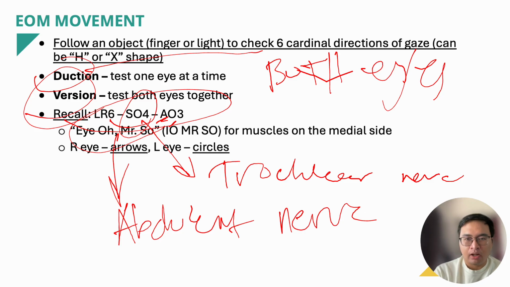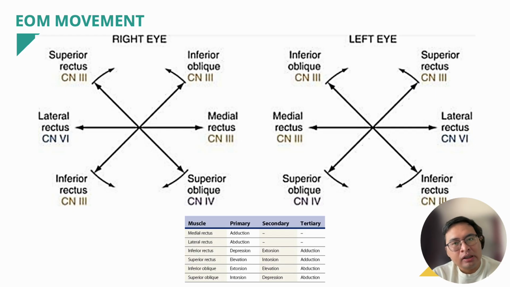Okay? So, in order to know which nerve or which muscle is affected, you of course need to be familiar with the anatomy. Okay? So just memorize this. You have encountered this for sure already in the anatomy of the eyes. Okay? Medial rectus, lateral rectus, superior rectus, inferior rectus, inferior oblique, superior oblique.